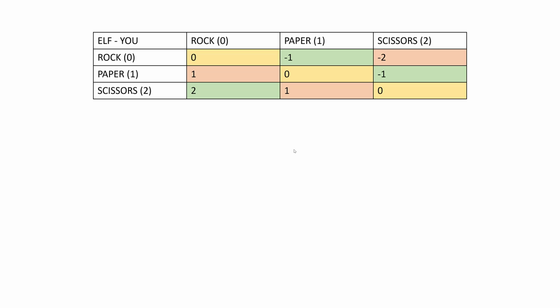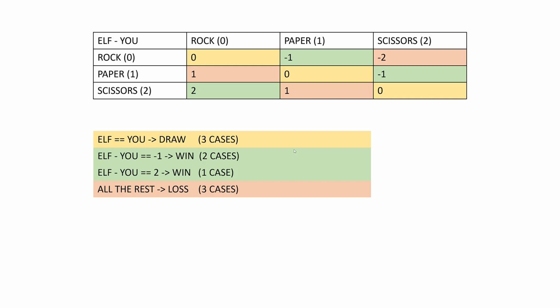Otherwise, the other two winning values are -1. So you don't have to have 3 conditions set up to check out a win. You only have to have 2. Everything else is a loss. So your conditions that you have to set up, there's only 3, and then everything else is going to be a loss. So let's see how that looks in code.